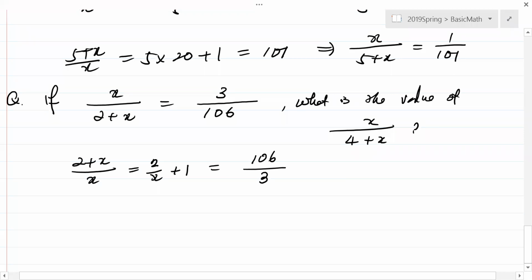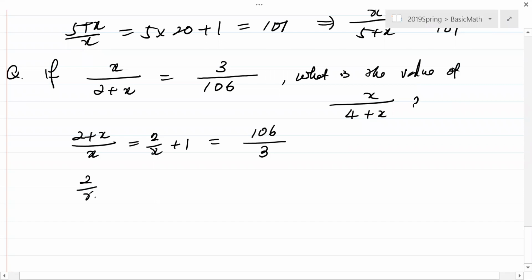All right, so 2 over x is going to be, right? Yeah.